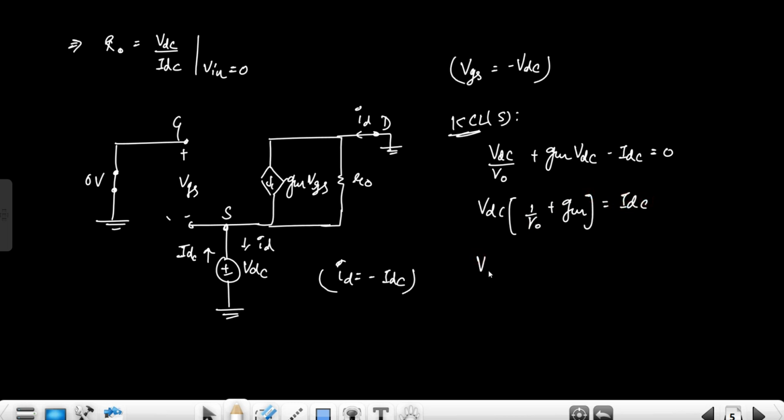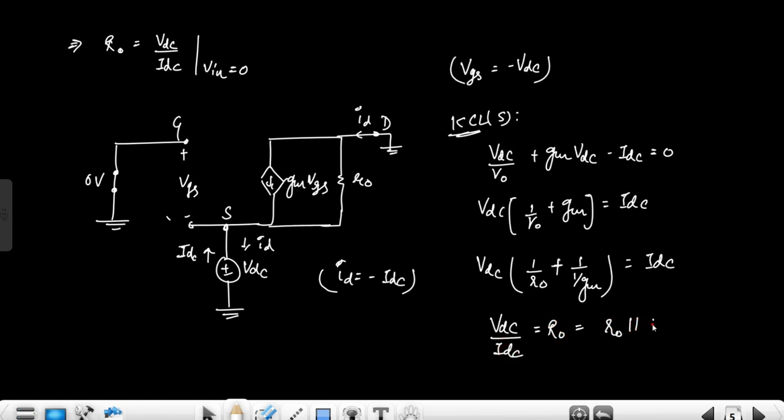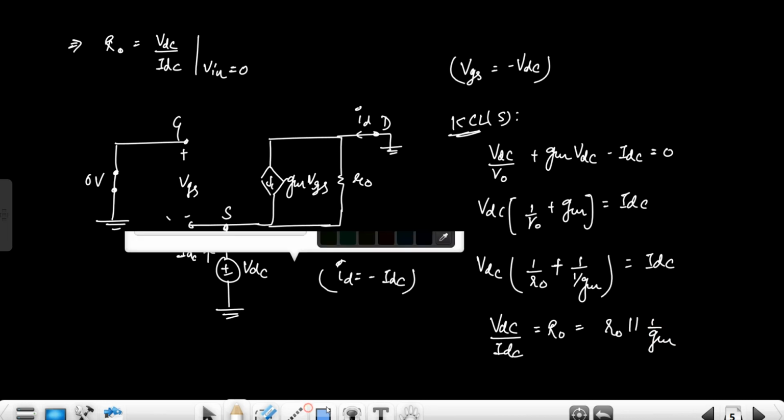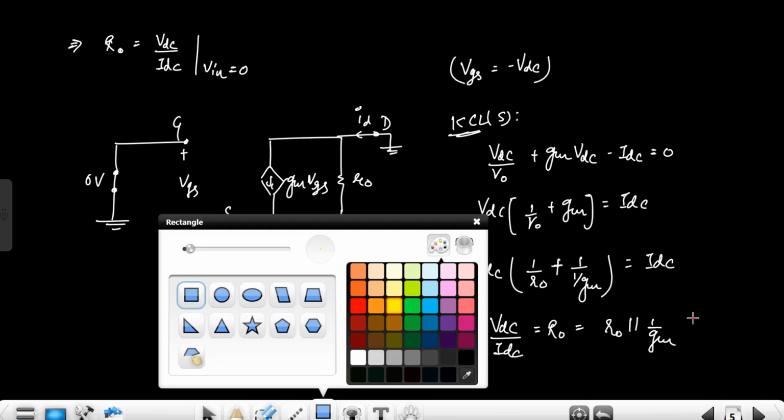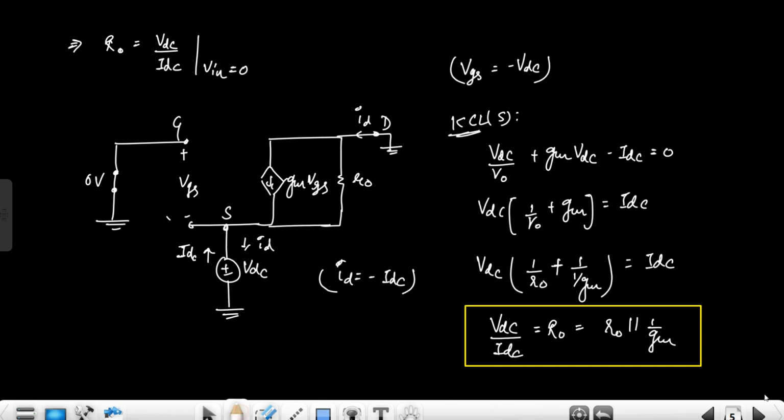Now this GM we can write as 1 upon (1 upon GM), as I have shown in the diode connected transistor, same format. So this will be the parallel combination of R0 with 1 upon GM, right? So VDC upon IDC, which is the internal output resistance, is simply R0 parallel with 1 upon GM.